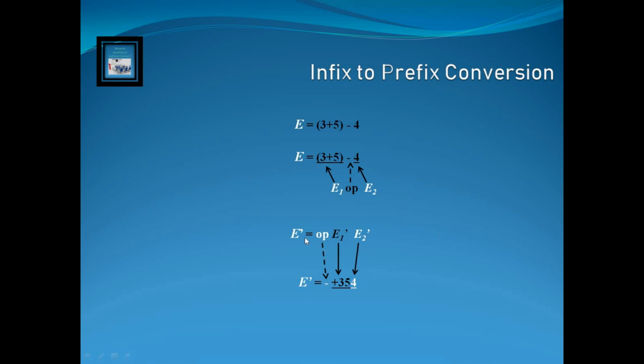As a whole, the prefix form of the whole expression will be minus, because minus is the main operator between these two sub expressions, then the prefix form of the first sub expression, plus 3 5, and then the prefix form of the second sub expression, just 4. So it will become minus plus 3 5 4.